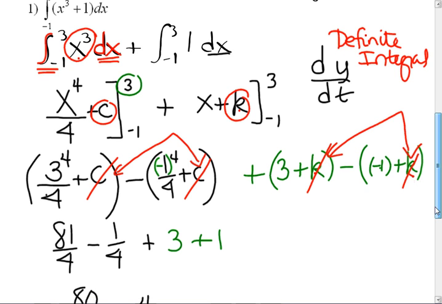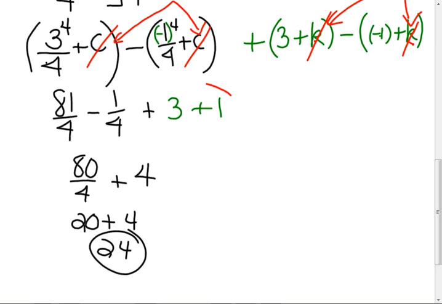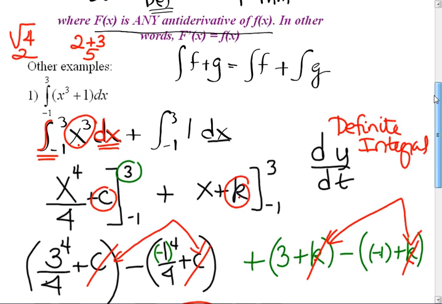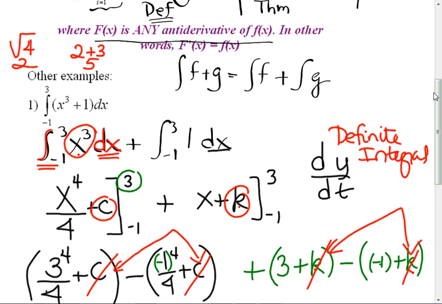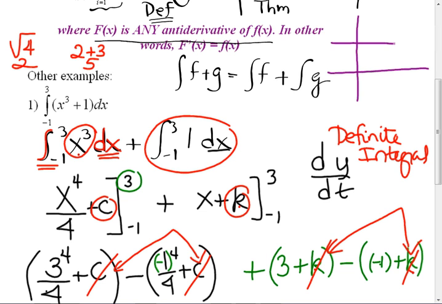Could I have done this answer geometrically? Probably. Let's look at it. It's this integral right here. That's the line y equals 1, and I'm going to find the area from negative 1 to positive 3. That answer is not 1.